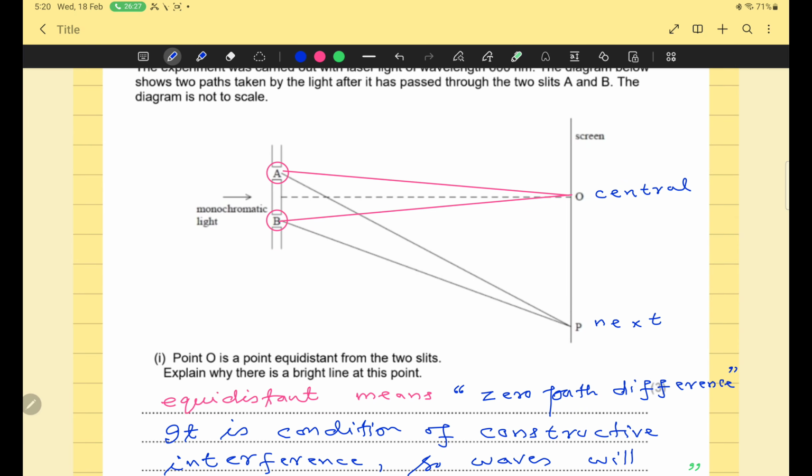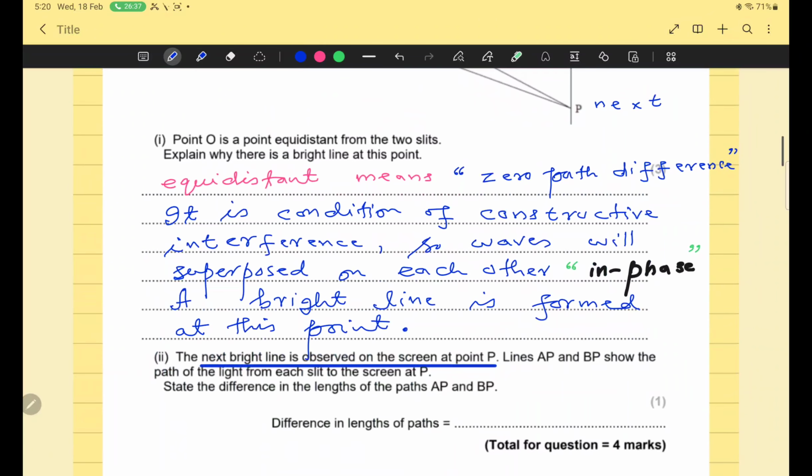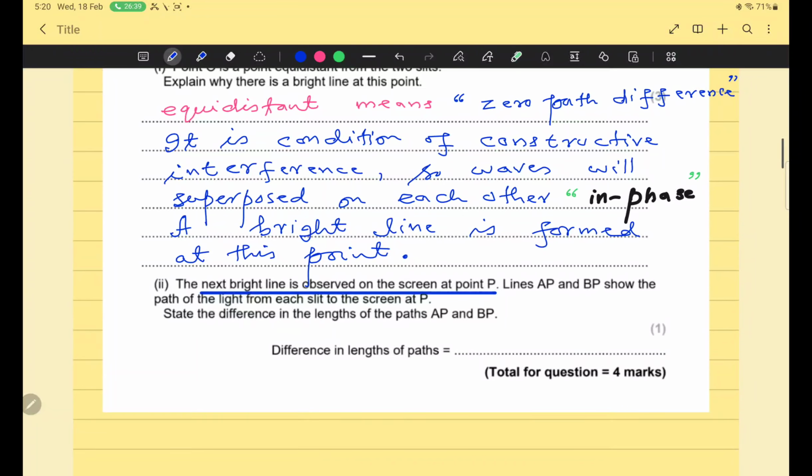But Zainab, can you tell me, if the central bright line has path difference 0 lambda, then what will be the path difference for the next bright line? If you have memorized the sequence, I think you can tell me. Zainab.